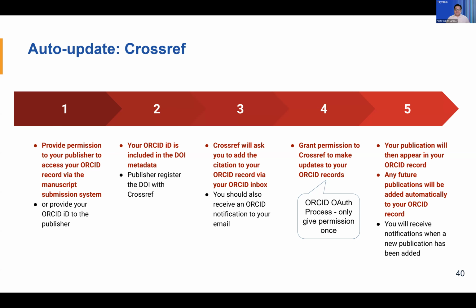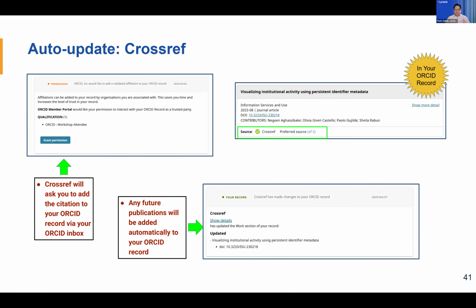All right, so that's adding that, and this is actually that process. You will get that notification. Again, if you have not given them the authorization before, you will give them that authorization once, and once you give that permission, it will appear in your ORCID record. You'll see here at the top that the source is Crossref.